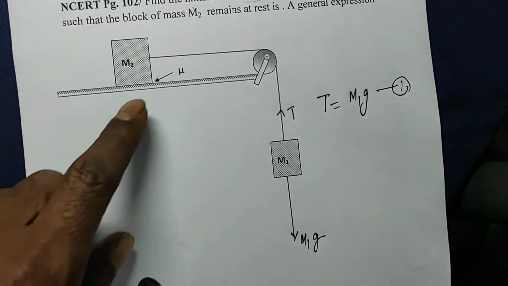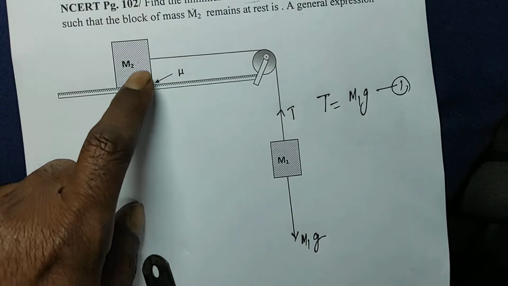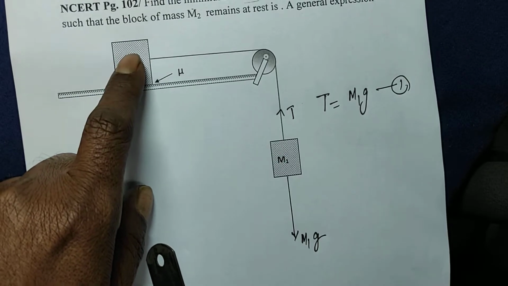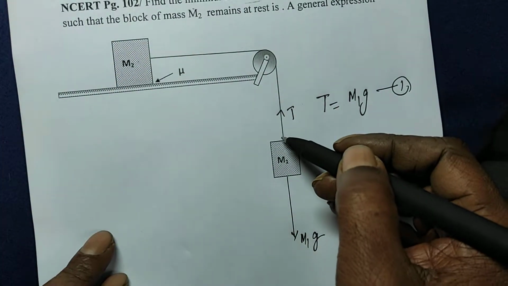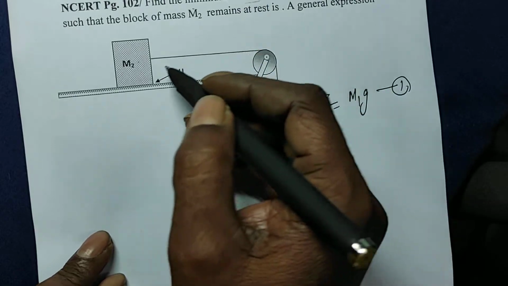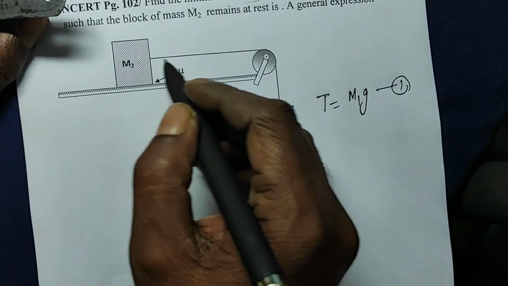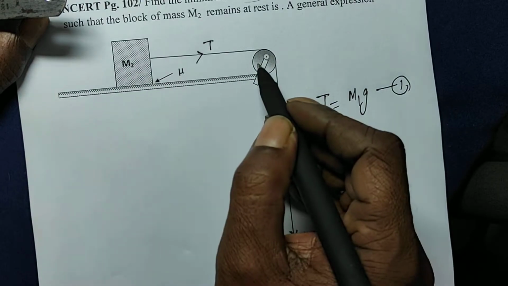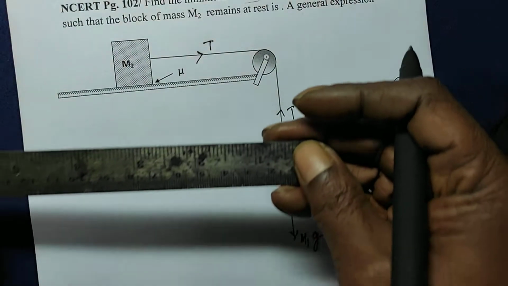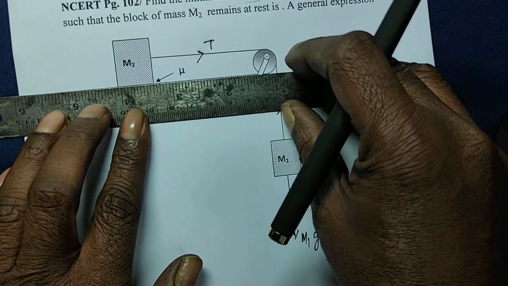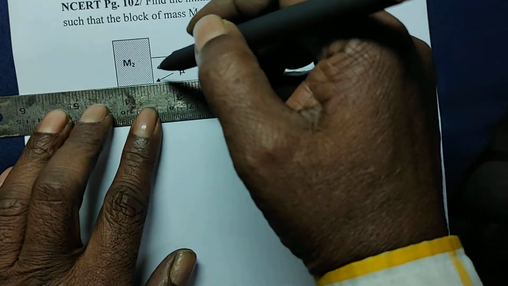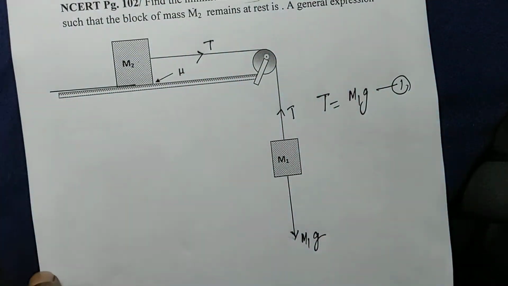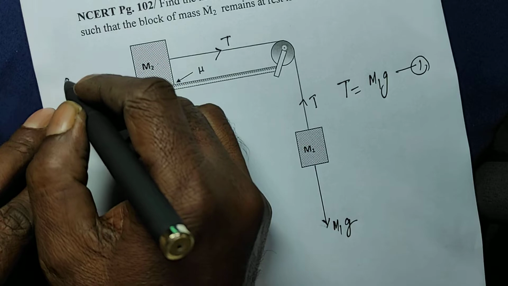And here there is a friction between M2 and the surface. As you know, if this is trying to go to the right hand side, because of the same tension T which will be developed in this string, and since this is not moving towards right, that is opposed by the force of friction. Let me show it this time in black ink to this side. Let it be represented as small f.